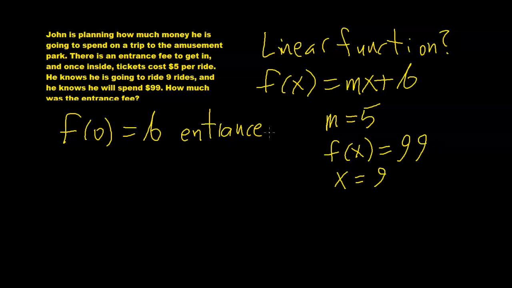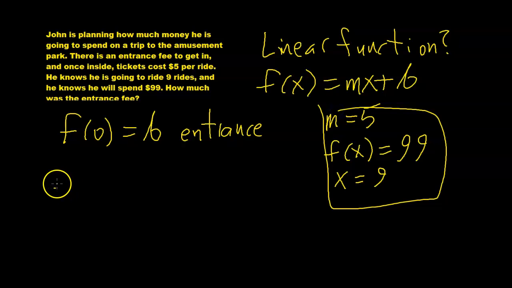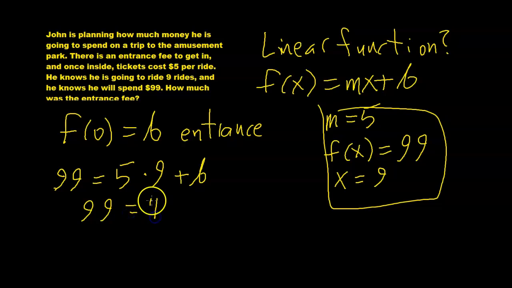So let's use this information and solve for b. f of x equals mx plus b, so 99 equals 5 times 9 plus b. What's 5 times 9? That's 45. So 99 equals 45 plus b.